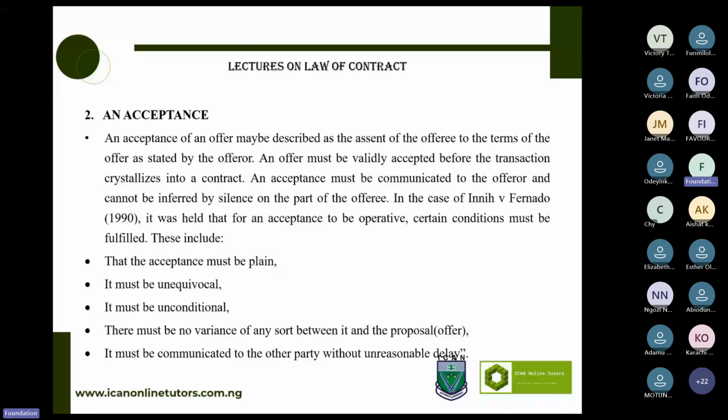So we have 5 principles according to the decision in Felthouse to say that for us to have an acceptance, number 1, it must be plain, it must be unequivocal, it must be unconditional, there must not be counter variation to it, and the acceptance must be communicated within the timeline. Yes, it has to be communicated within the timeline.